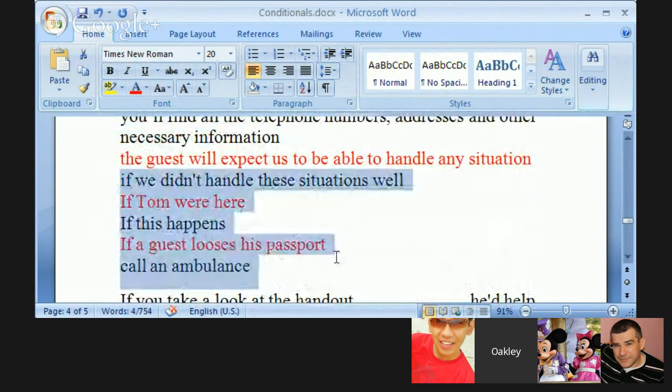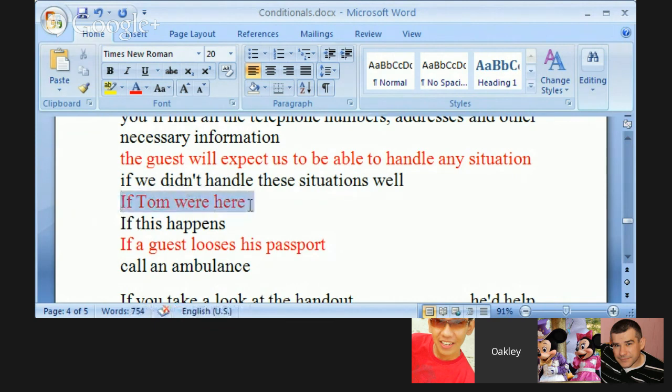So one of these. If we didn't handle. It has to be, we've already used if Tom were here, and if we didn't handle is simple past.